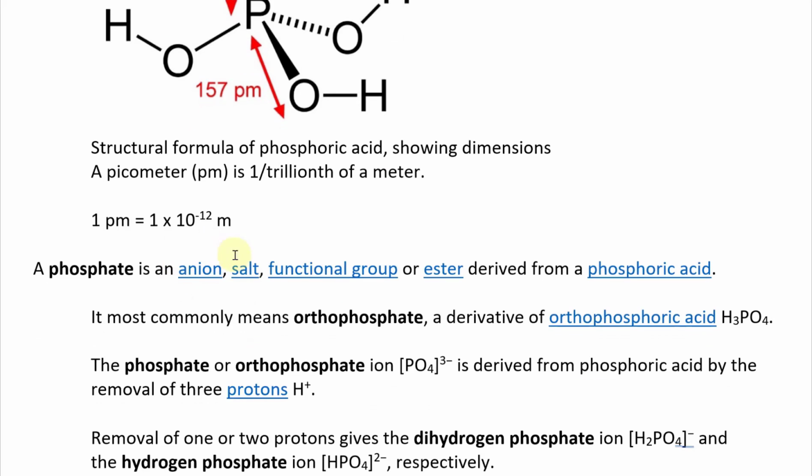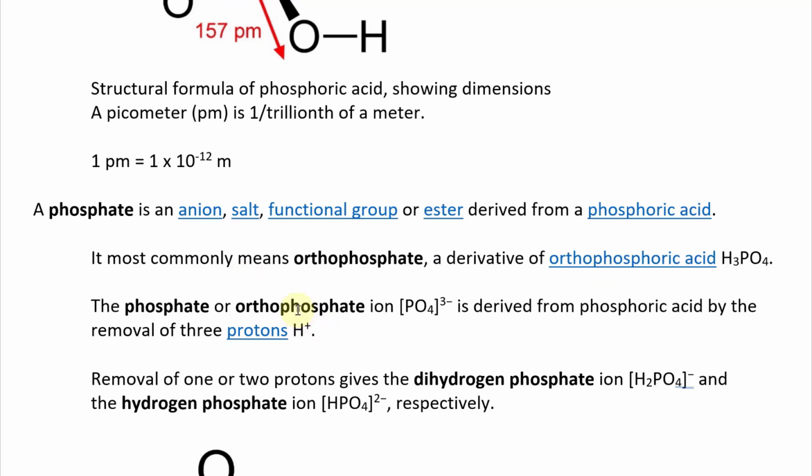Okay, going further, a phosphate is an anion, so a negative charge salt, functional group, or ester derived from phosphoric acid. A salt, if you recall, has a net neutral charge of 0, but is composed of equal amounts of positive and negative ions. So phosphate is either an anion or a negative charge salt, functional group, or ester derived from phosphoric acid.